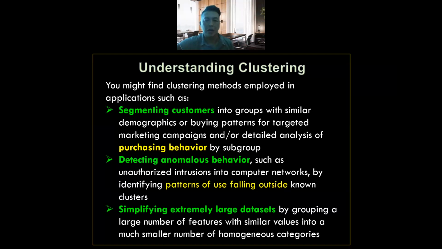That is what we call an outlier. So this is also considered abnormal or anomalous behavior. And the third one is simplifying extremely large data sets. Normally, we do it with documents. So we group them based on topics or based on the content of the document.